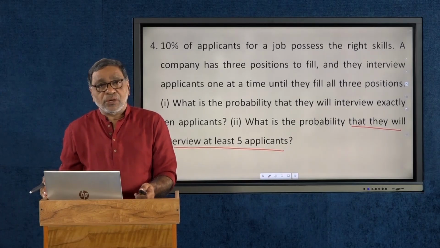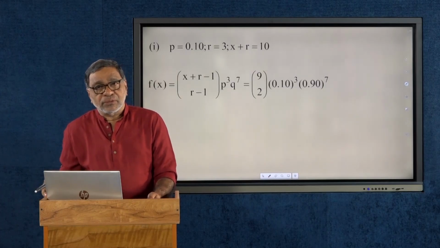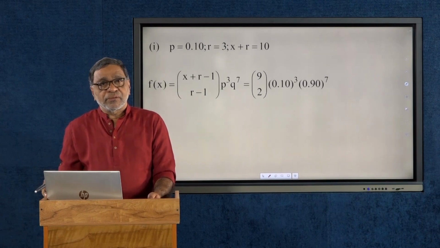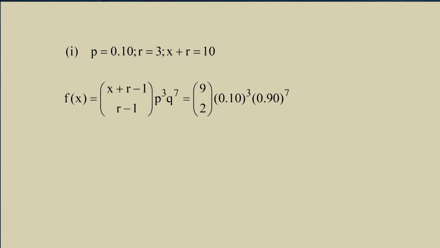So, that is we have the first part, we have this answer, p is equal to 0.10 is given to you, r is equal to 3 is fixed, and we are interviewing 10 applicants. So, x plus r is equal to 10, and probability mass function value x plus r minus 1 c r minus 1 p power 3 q power 7, or we can write in another form x plus r minus 1 c x p power 3 q power 7, and substituting the value you will get the probability of that particular event as like this.